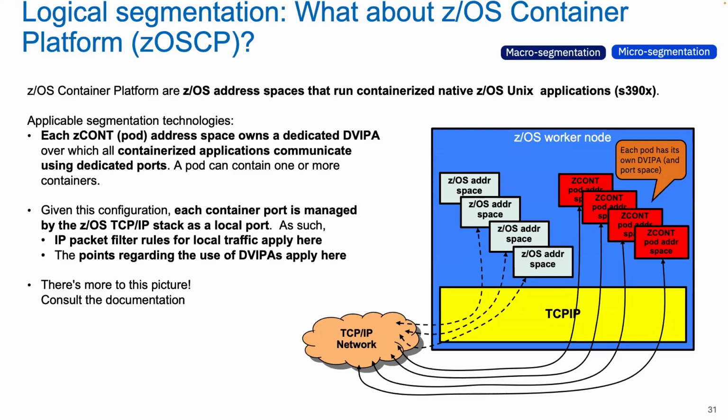So each pod here gets its own IP address and the entire port range. So note that the DVIPA and the port are local to the z/OS TCP/IP stack here. So the TCP/IP stack is acting as a local endpoint for these containers and pods. So in terms of microsegmentation, IP filter rules for local traffic and DVIPAs apply here.